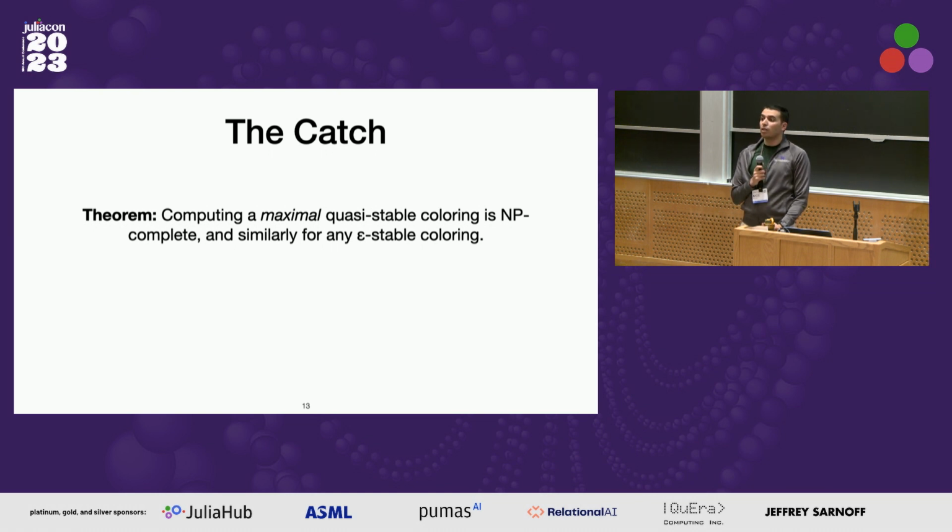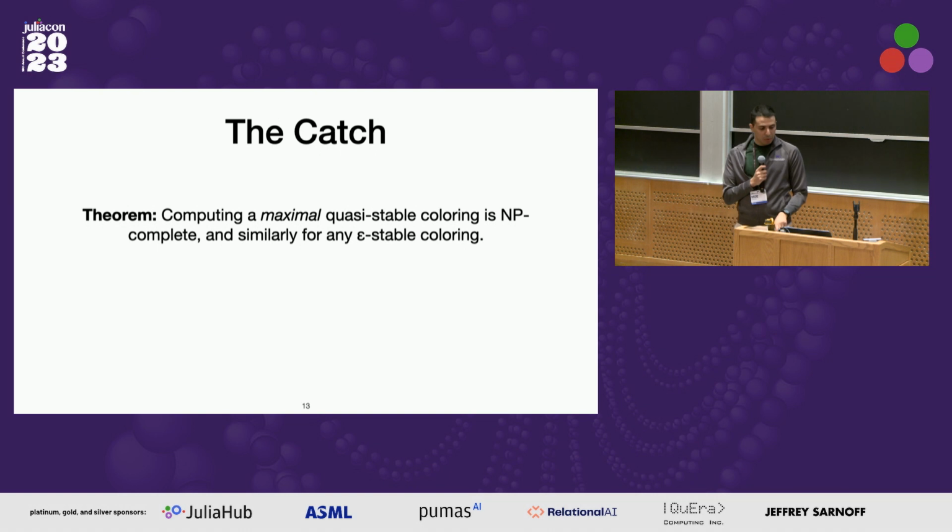Now, finding a good coloring, what that means is for a fixed error, right? If you allow a fudge factor of plus or minus 2 edges, or plus or minus 2 edge weight, finding the coloring that has the smallest number of colors is NP hard, right? And if you try to dodge this by making the error relative rather than absolute, same deal. You fall into the same trap.